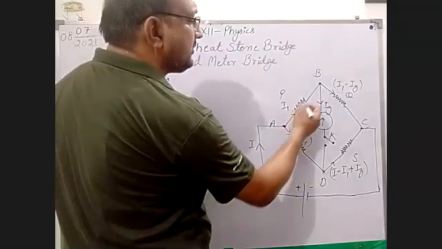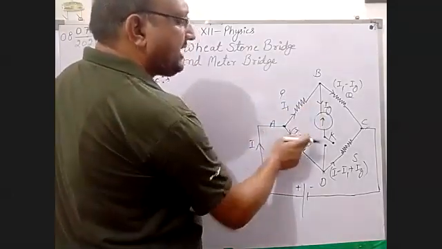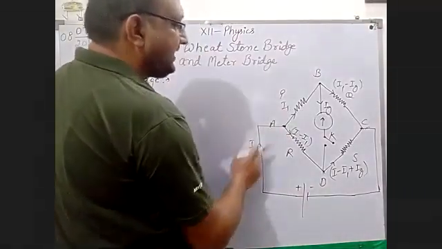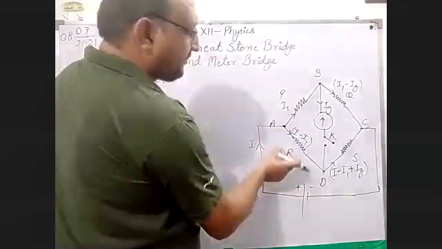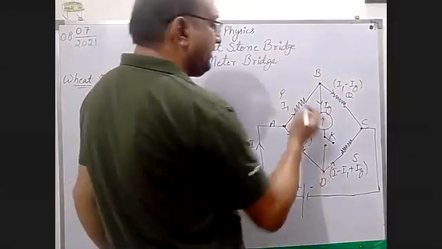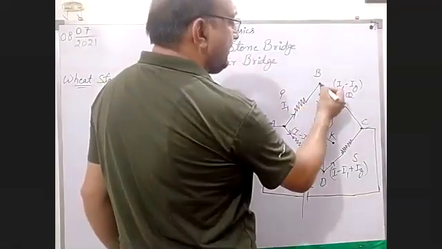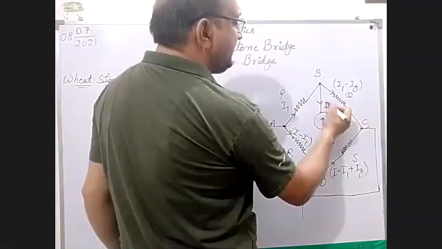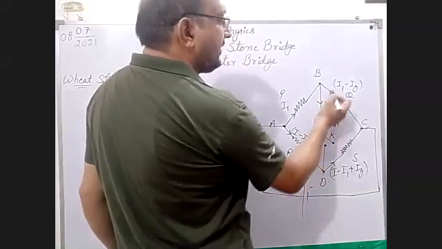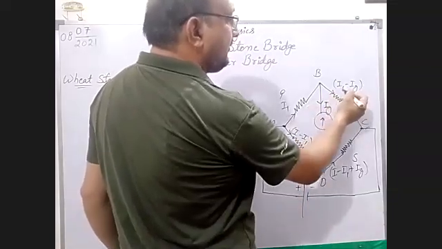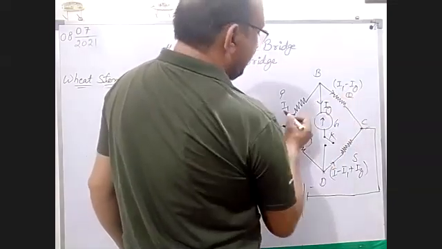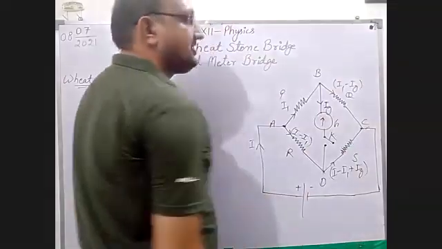Here I1 goes through P and I minus I1 goes through R. From here at point B, suppose a part Ig passes through this galvanometer. The rest of the current passes through the resistor Q, and that is I1 minus Ig.